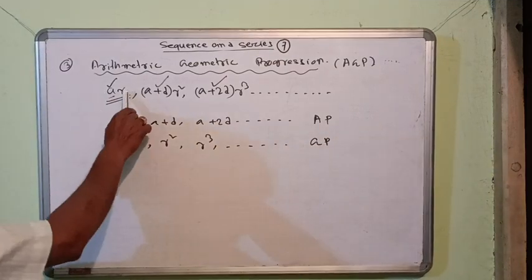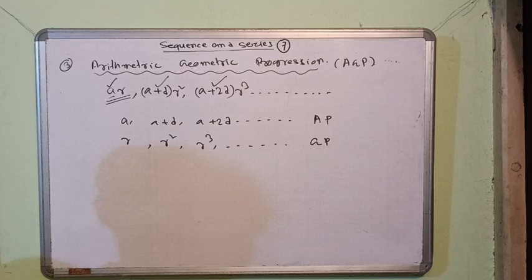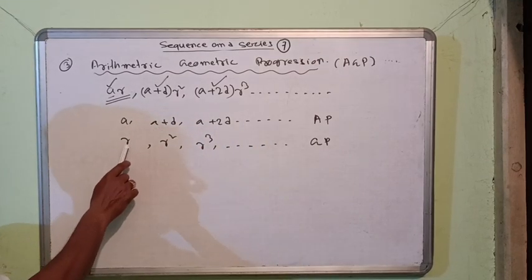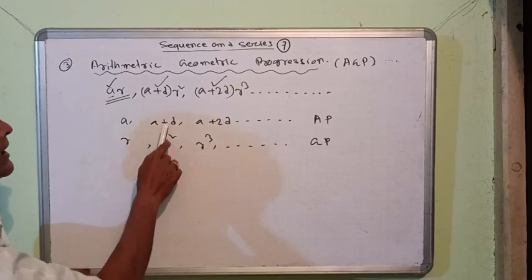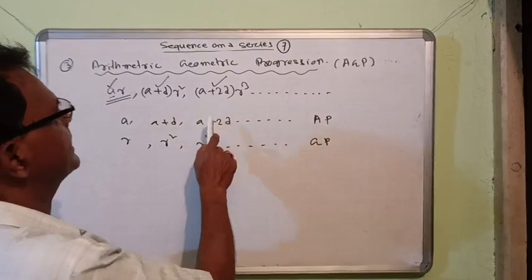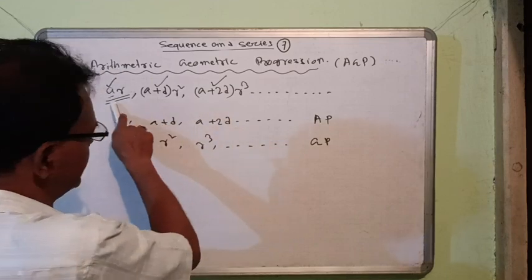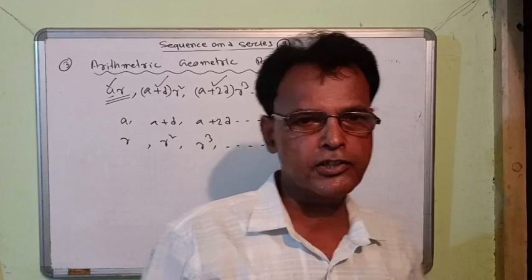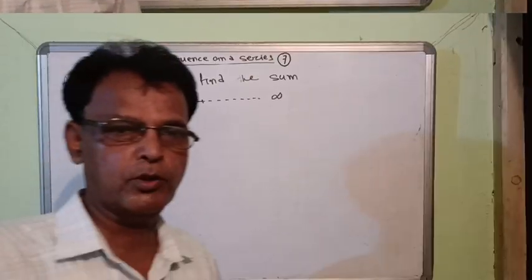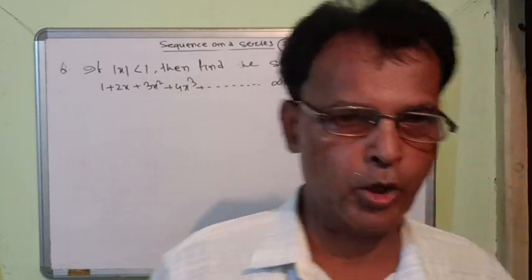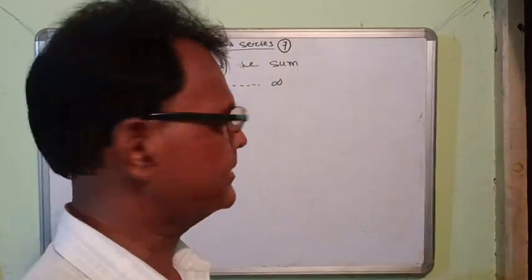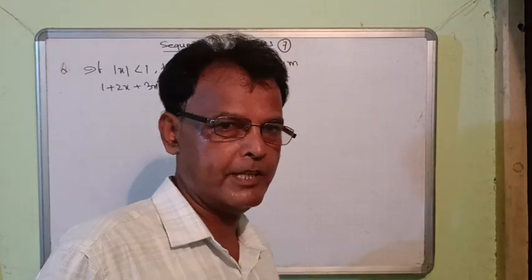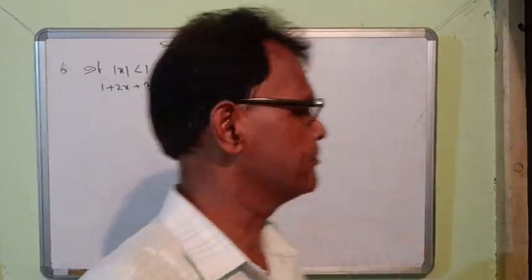That is, each term of this series is the product of two series, one is AP, the other is GP. So this series is known as the arithmetic geometric progression, shortly known as AGP. We will discuss this problem in detail. It's a very peculiar type of series.